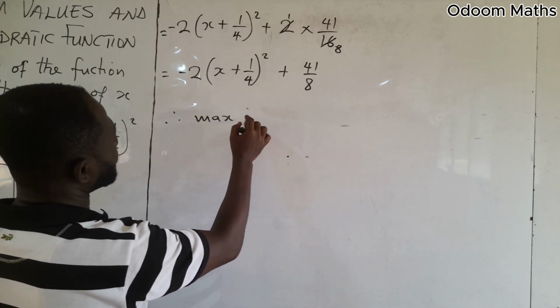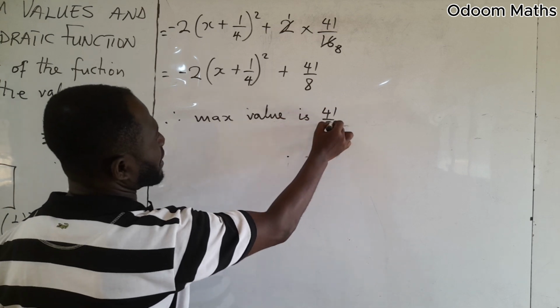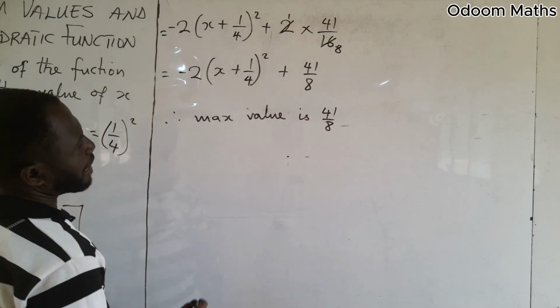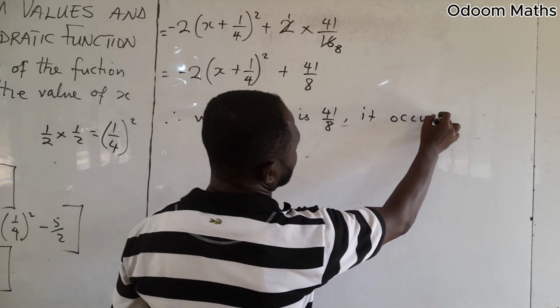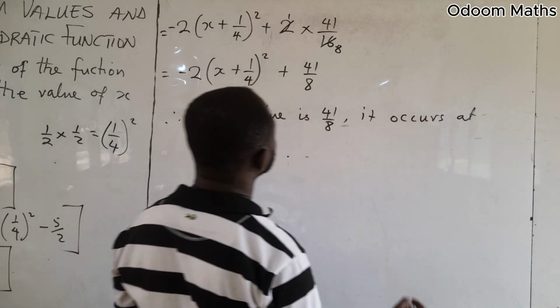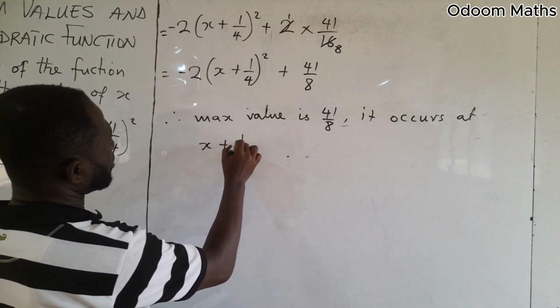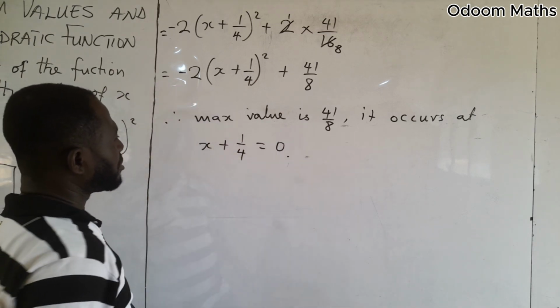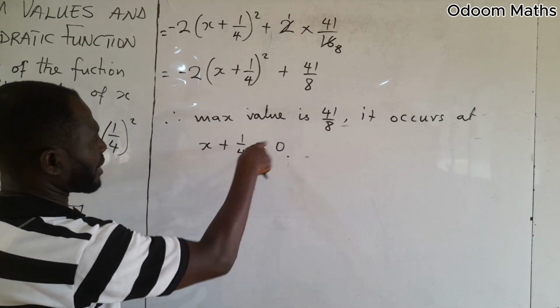Therefore, the maximum value is 41 over 8. Now, it occurs at x plus 1 over 4 equals 0. So now let's find the x value, where the maximum value occurs.